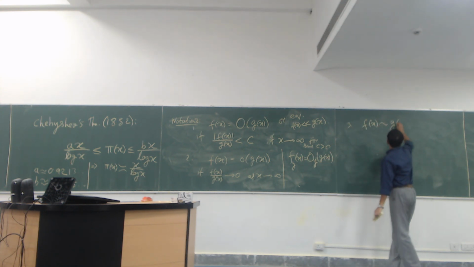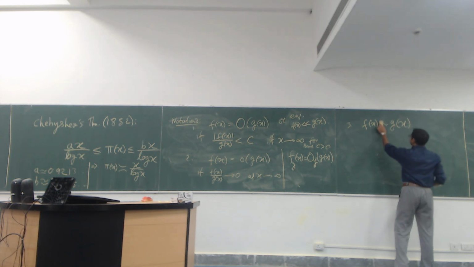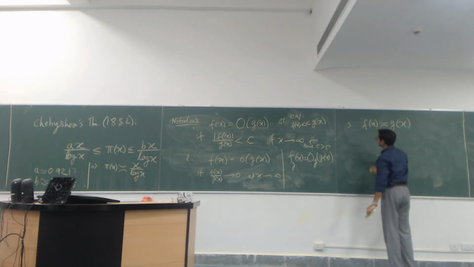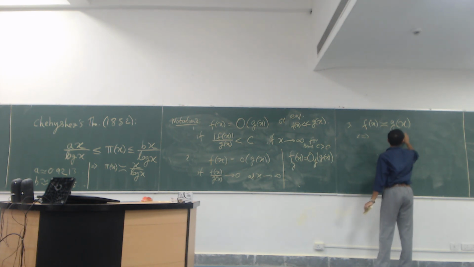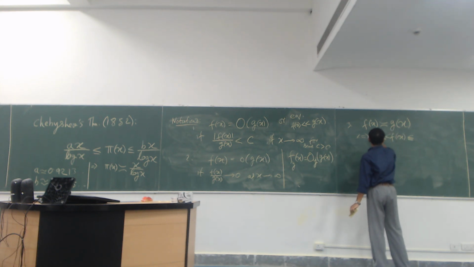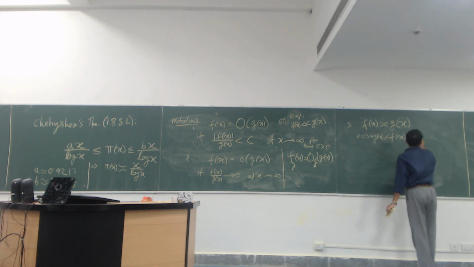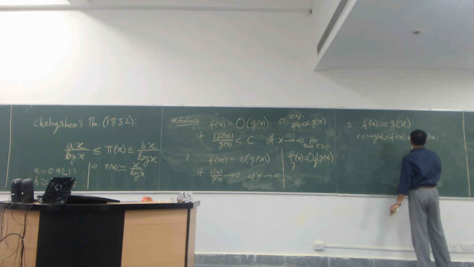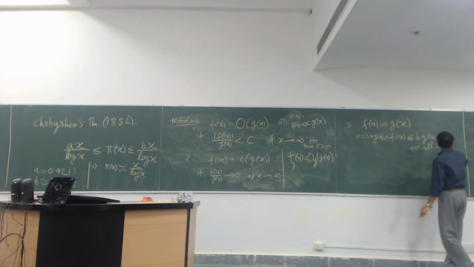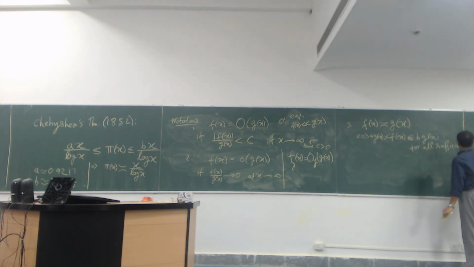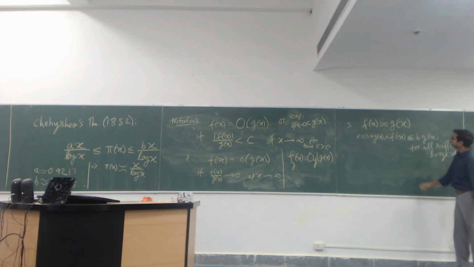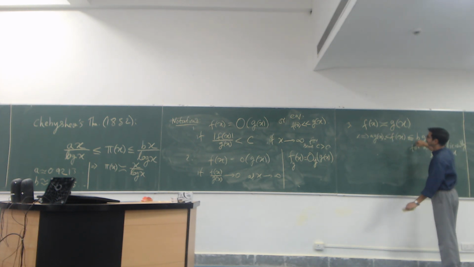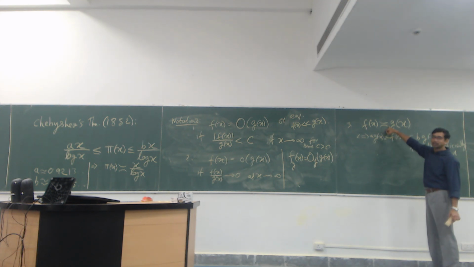If f(x) is of the size g(x), well, we have already seen this: f(x) is bounded by some a times g(x) for all sufficiently large x. Then if these constants are depending on some other parameter, we write that parameter as a subscript here.